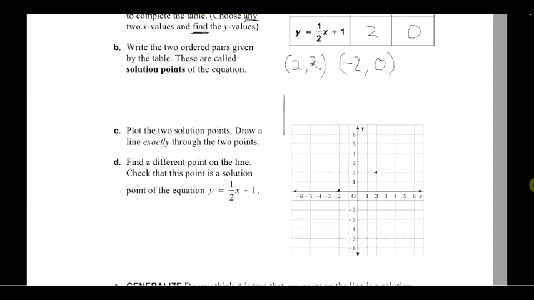So we have two dots there. We've plotted those points. Later we'll start plugging any point in and see where all those dots line up, but they want us here to only use two, the bare minimum, and then draw a line exactly through these two points.